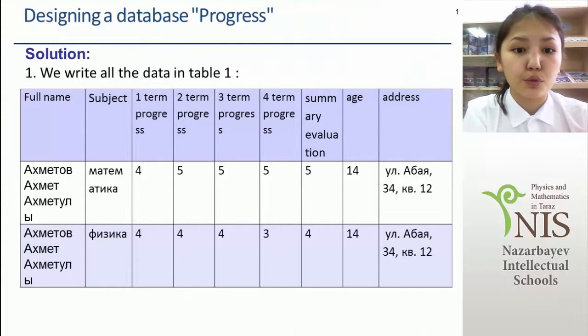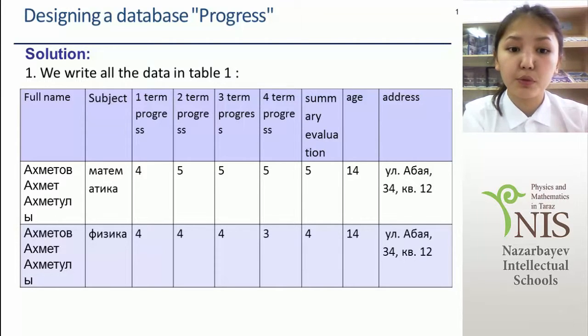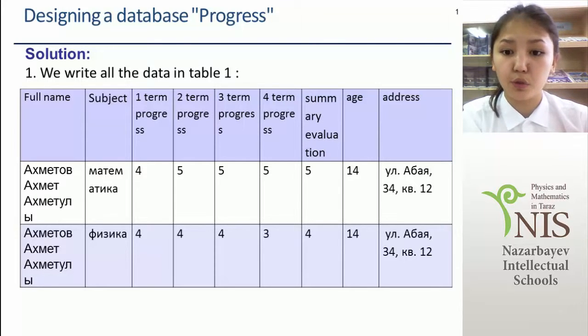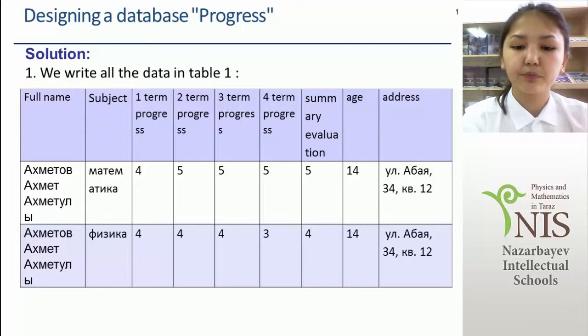In order to solve this problem, first of all, we must create the tables which have an entity called full name, and the attributes such as subjects and four terms, summary evaluation, age and address.